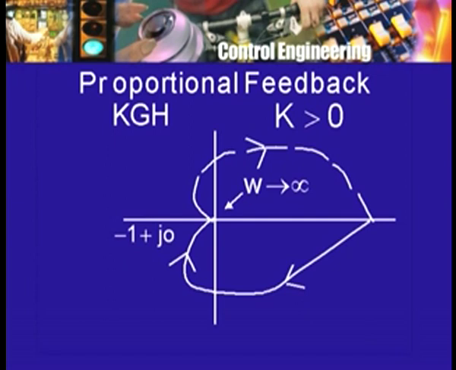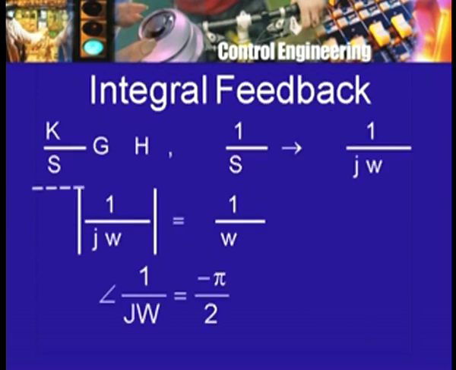Whereas the case of the integral feedback was different, because now in addition to the GH that was already there, we had put a 1 by s, or a k by s, in front, and this was because of the integrator. So, the loop transfer function was now k by s into GH.